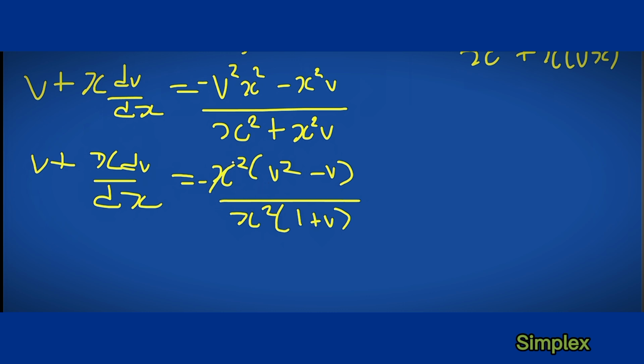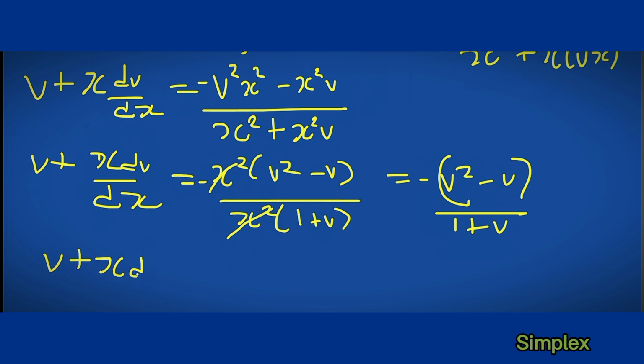So this cancels, and we're left with minus v squared minus v over 1 plus v. So we have v plus x dv/dx is equal to (minus v squared plus v) over (1 plus v).